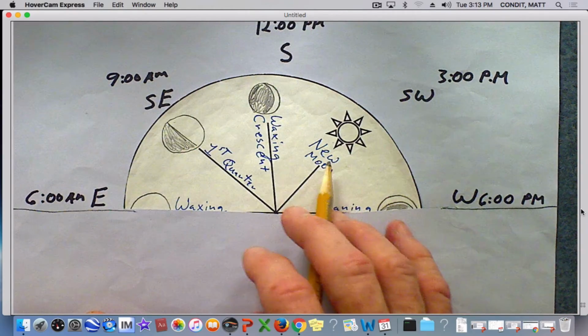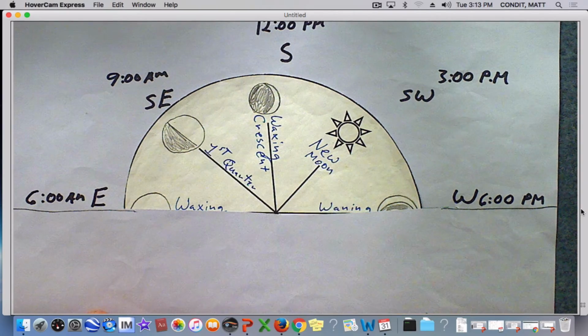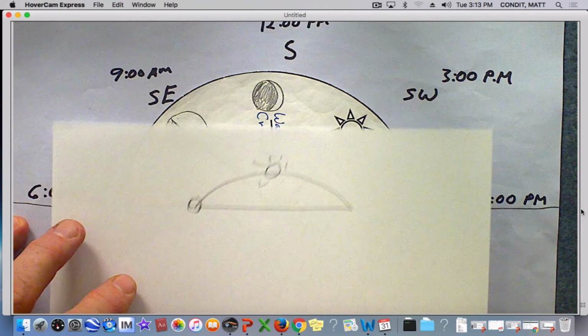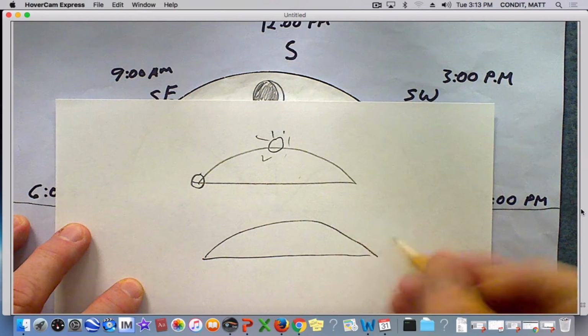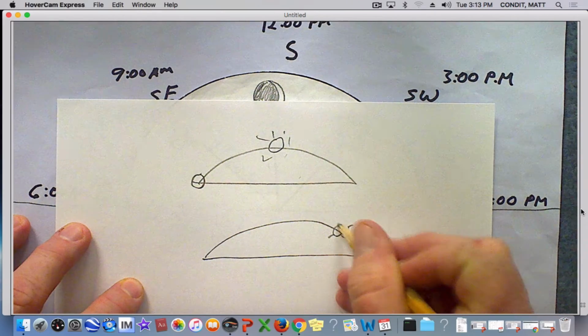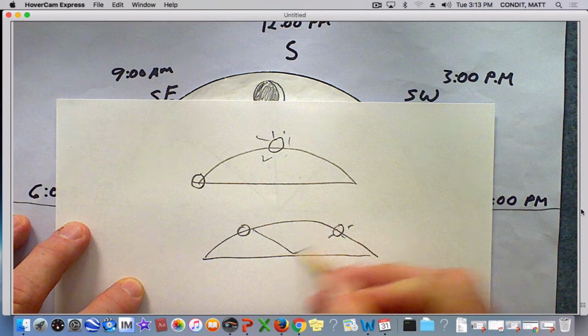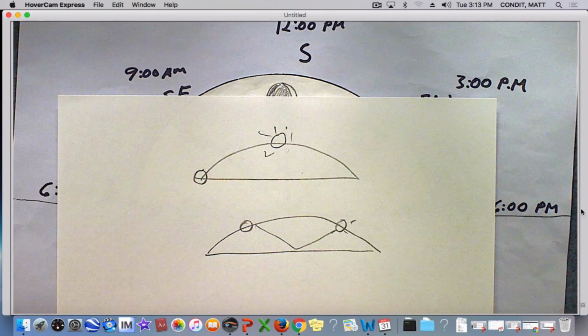You would be able to see it in the afternoon hours, which we know, because we can see waxing moons in the afternoon. So to redraw that, I make a new ecliptic below the last one. Now we move the sun right to there, and the moon has come over here, and notice we're still at pretty much a 90-degree angle. I didn't draw it perfectly, but you get the idea.